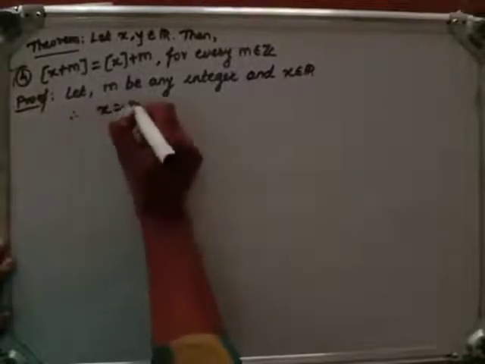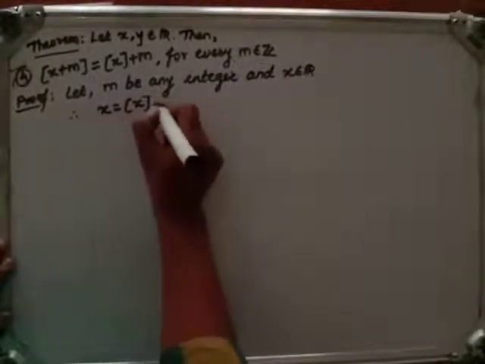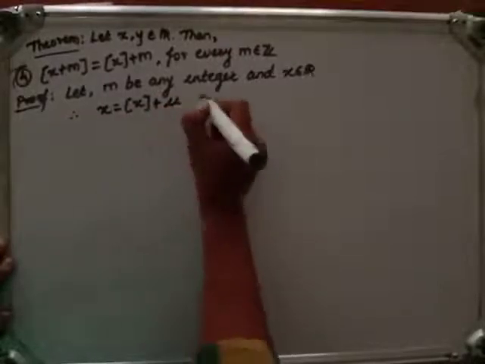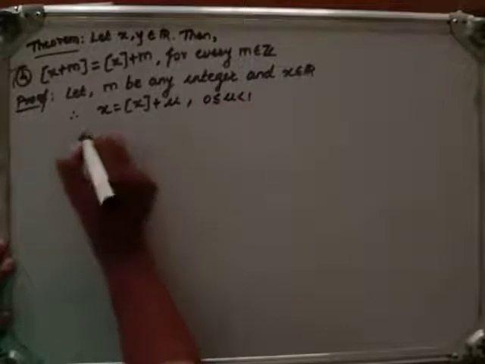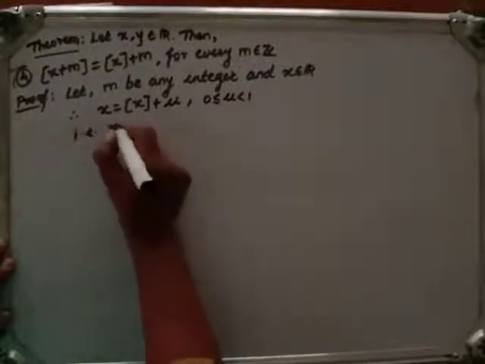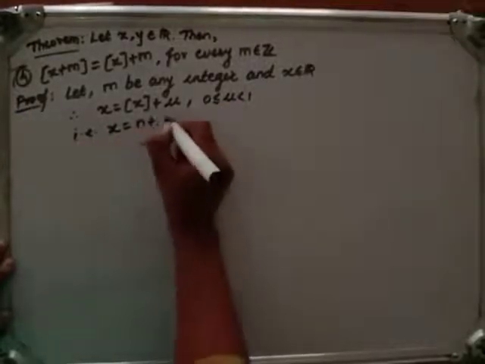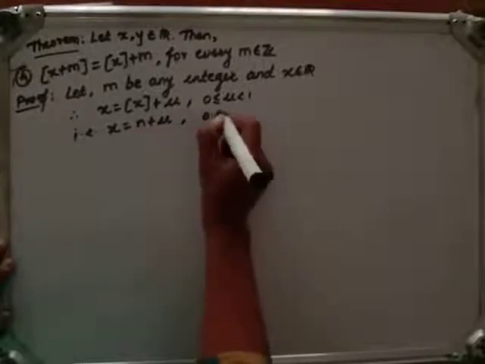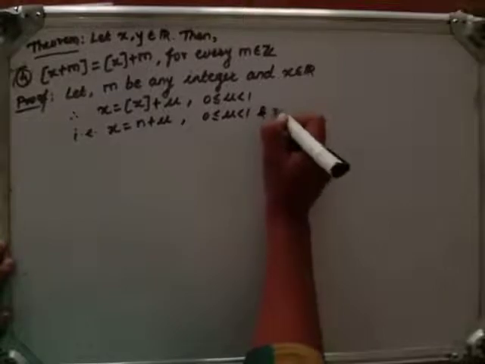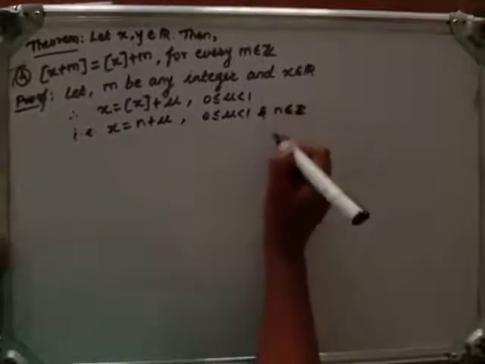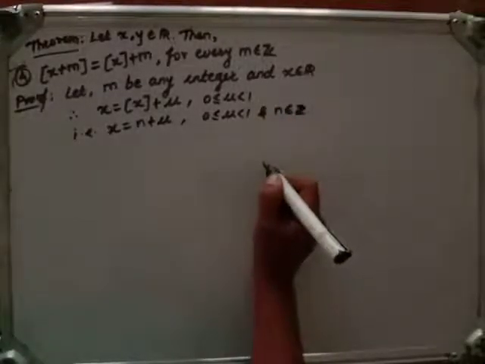Therefore, x equals the greatest integer function of x plus mu, where mu lies between 0 and 1. That is, x equals n plus mu, where mu has the same range and n is from the set of integers, suppose.